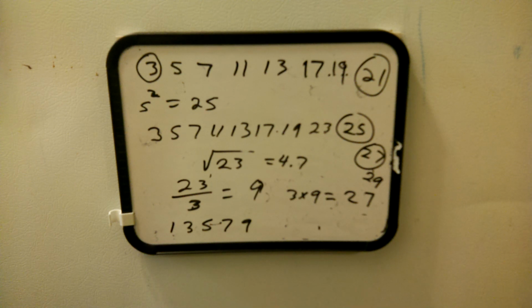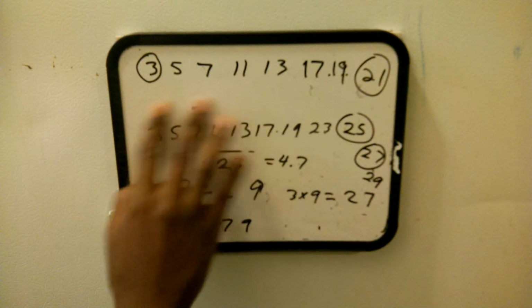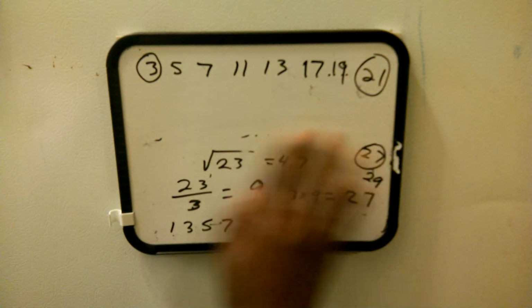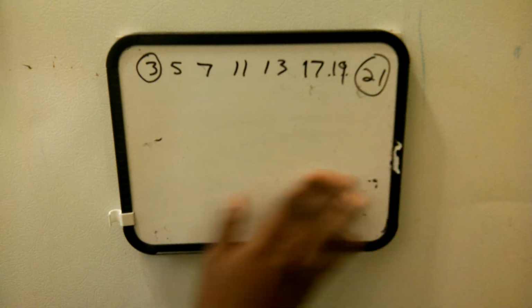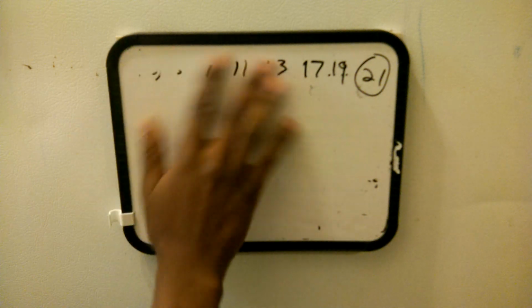So I'm going to give you one more example. We're going to do something different. How about 37? We're just going to throw 37 in there. Alright. We're going to erase this and start all over again.